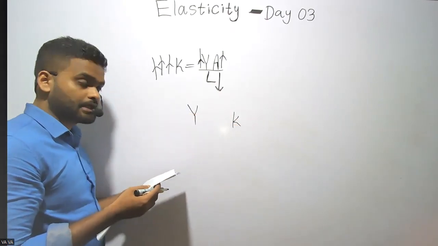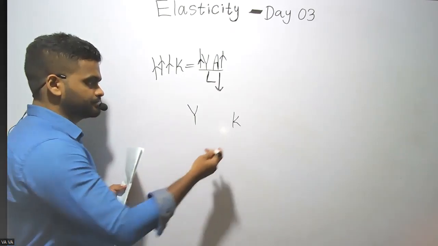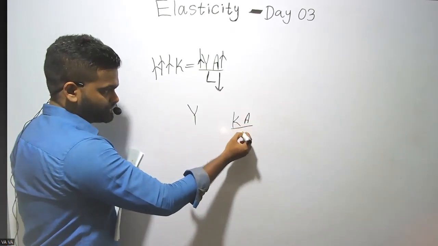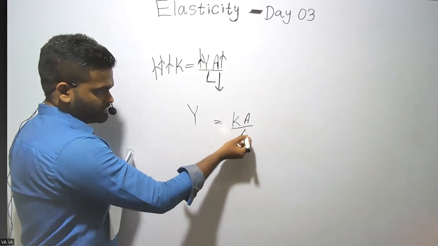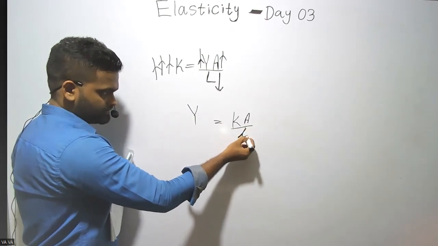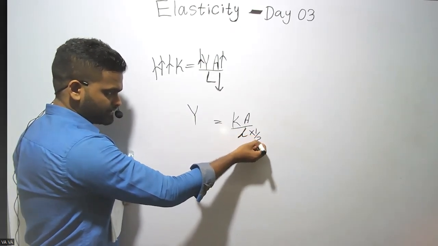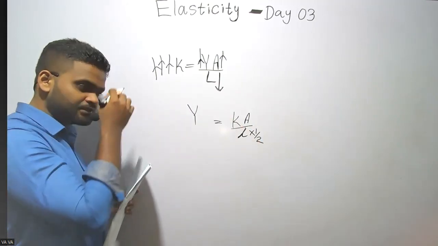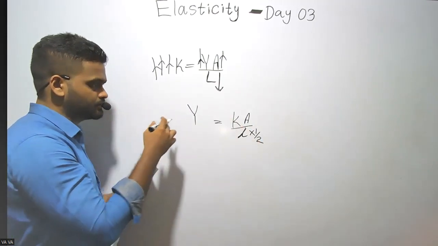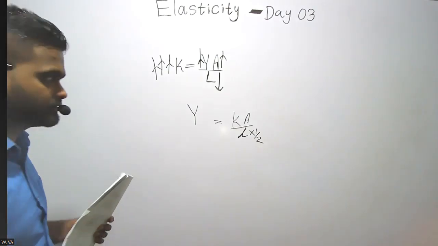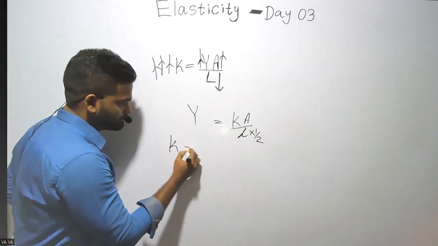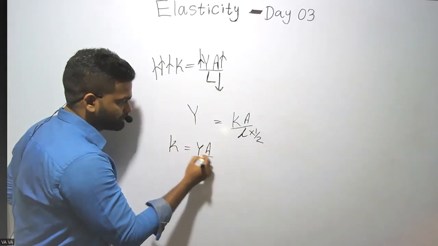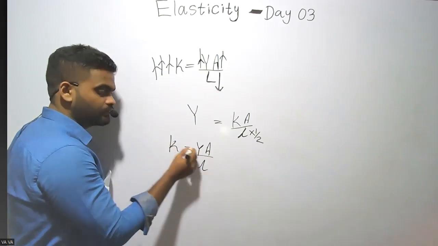If the wire is cut in half. So what do we change here? Length of the wire, right? Length of the wire, we are making it a half. So sorry, this equation should be K equals, right? Not Y equals. Okay, K equals YA over L.